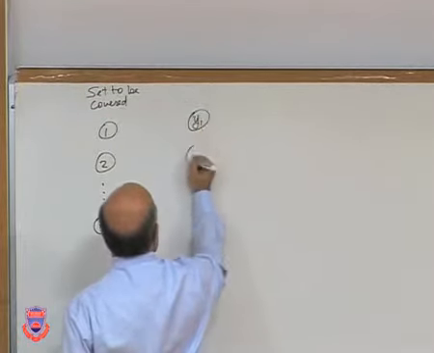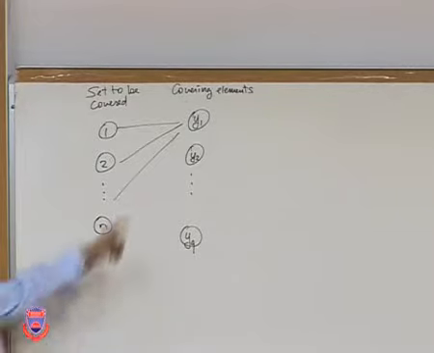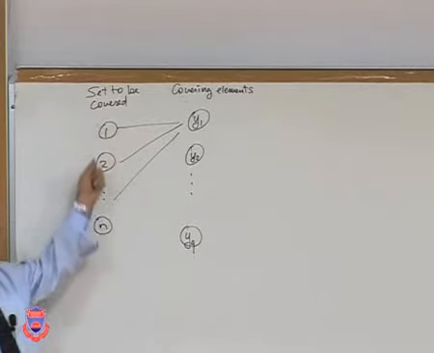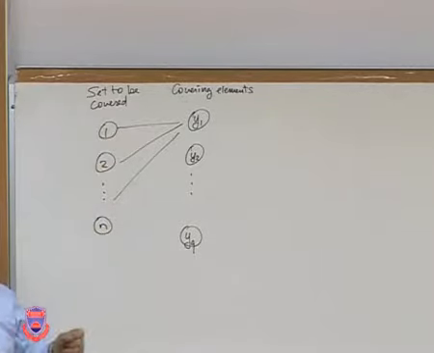Now, y1 for a given r value may cover certain vertices here. So I just put an arc to indicate that y1 covers those vertices that are connected to y1 by an edge. Okay? Likewise, y2 covers maybe a bunch of them. Yn covers a bunch of them.